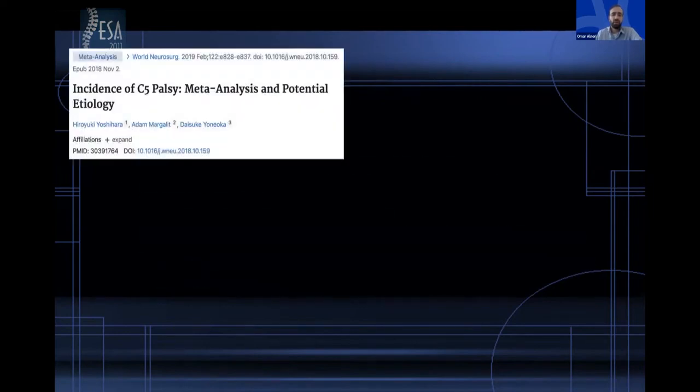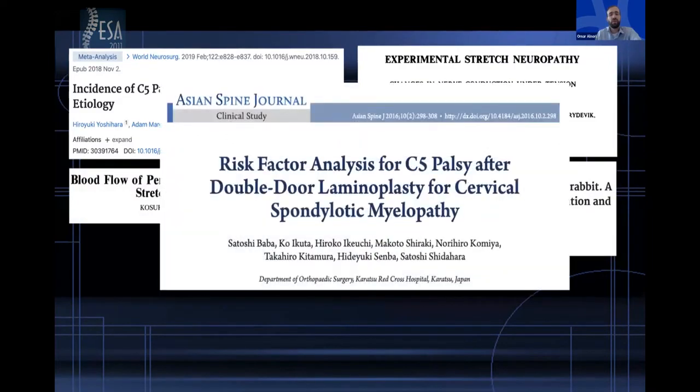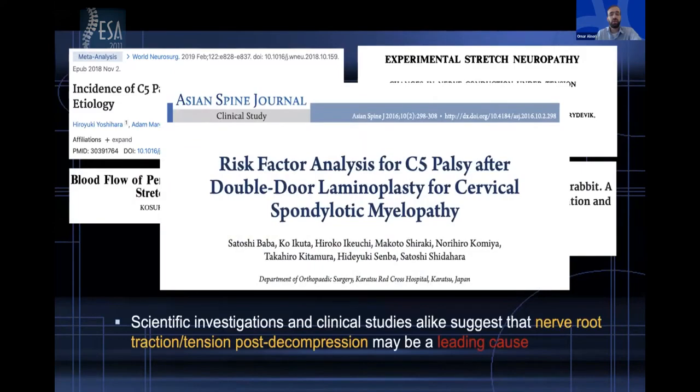Although all those theories have been mentioned as causes, none of them has been proven. But multiple studies suggest that nerve root traction or tension may be the leading cause.